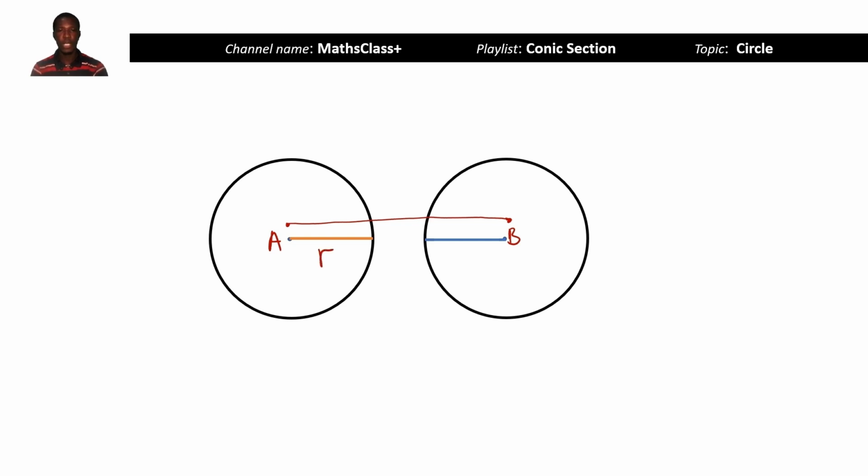We label here R1, we label here R2. Now, the distance between their centers will be greater than the sum of their radii. In this situation, it means the two circles do not intersect at all.